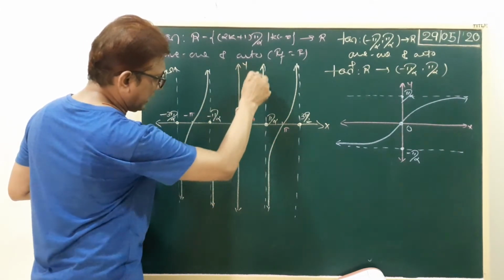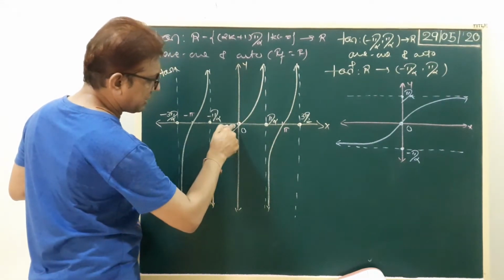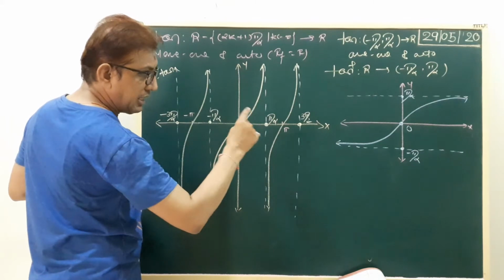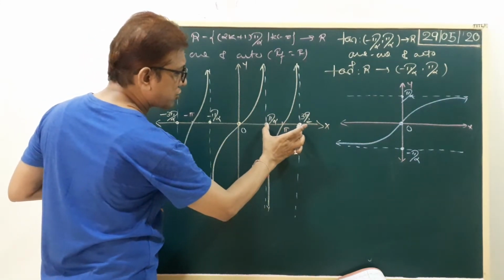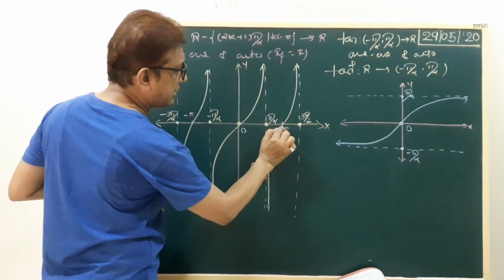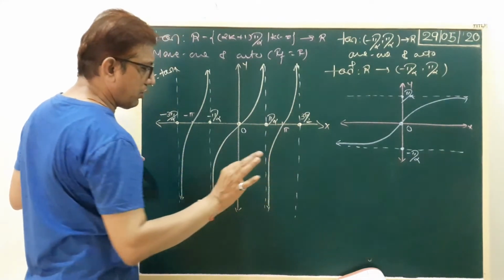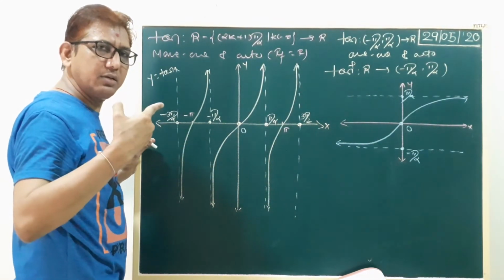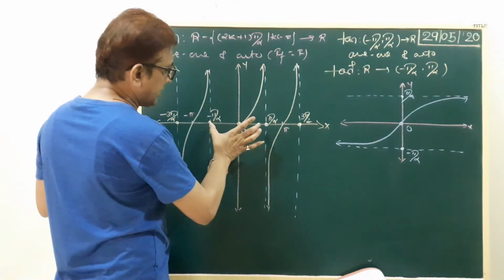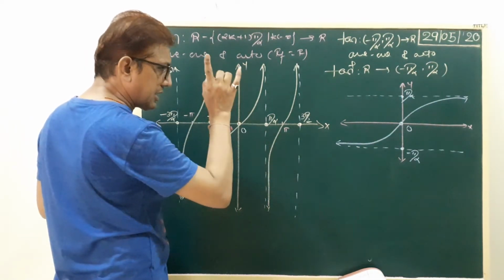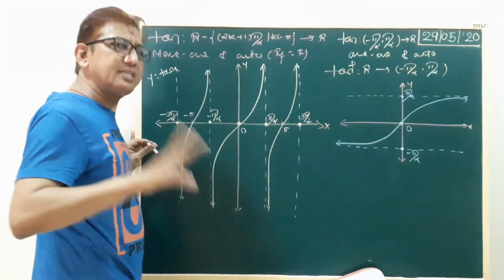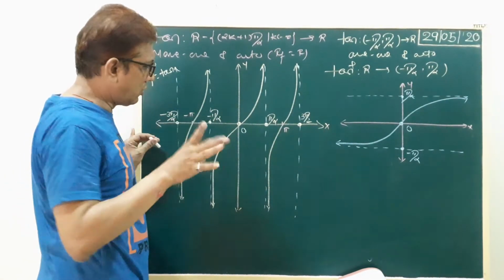Here the tan graph intersects the x-axis at the origin, right? If you take a second interval, you can also take pi by 2 to 3 pi by 2, where the graph intersects at pi. We have already discussed this for the sine function. We select the portion, but the condition is that the graph intersects the x-axis. Clear? Okay.